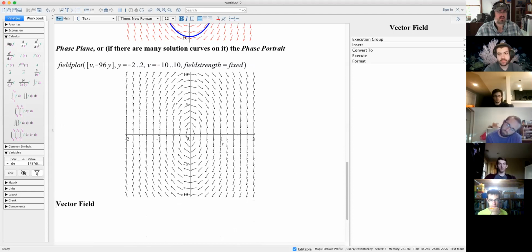So let me stop the share here. On the classwork for section 2.2, there's practice making vector fields, making phase planes, and making phase portraits with sets of a system of first order differential equations, but also I do that with a second order differential equation that you can turn into a system.